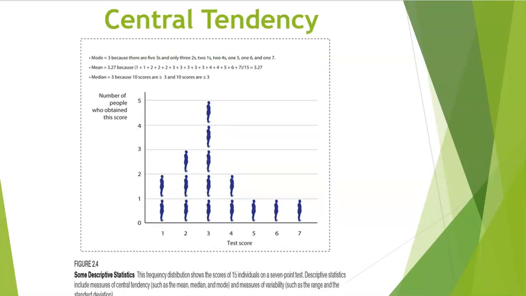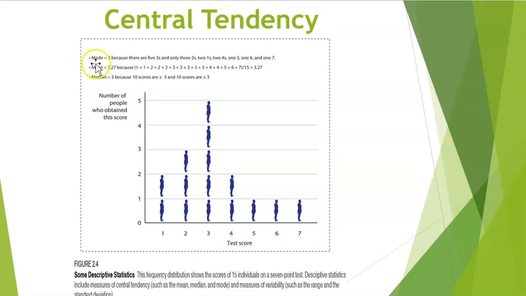So here's an example of central tendencies. On the x-axis is someone's test score, out of 1 to 7. And on the y-axis, we have the number of people that scored that. Here we have 2 people scored a 1, 3 people scored a 2, 5 people scored 3, and so on and so forth.